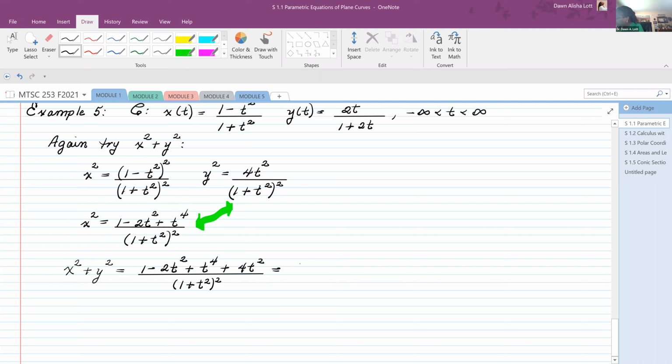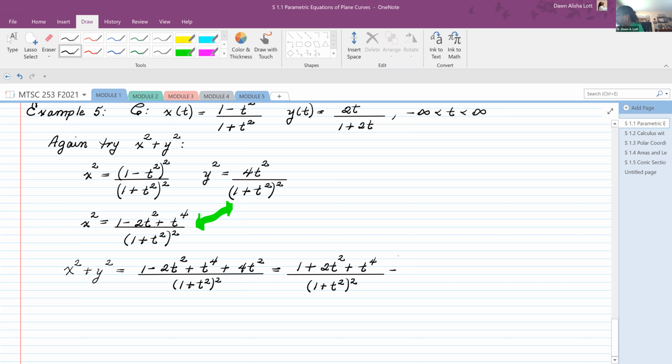But in the top, I get 1 plus 2t squared plus t to the fourth over 1 plus t squared, squared.